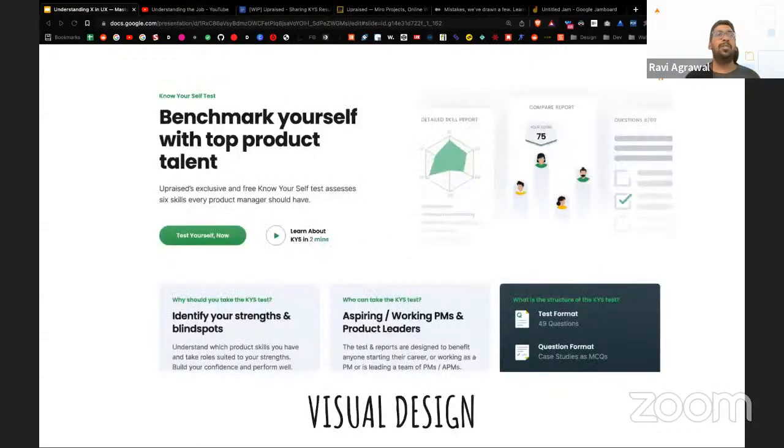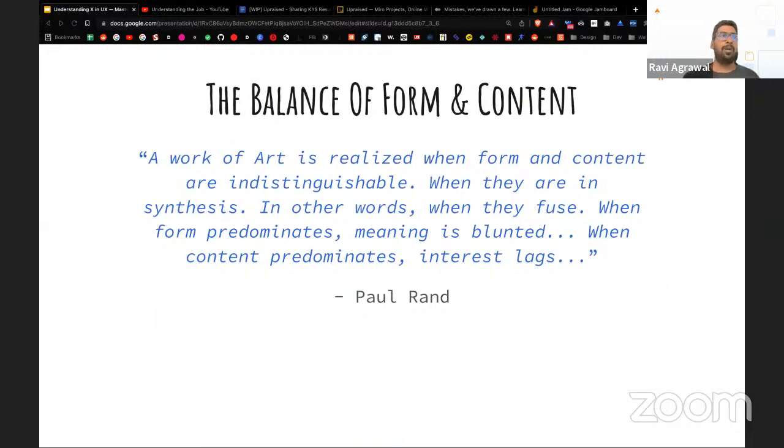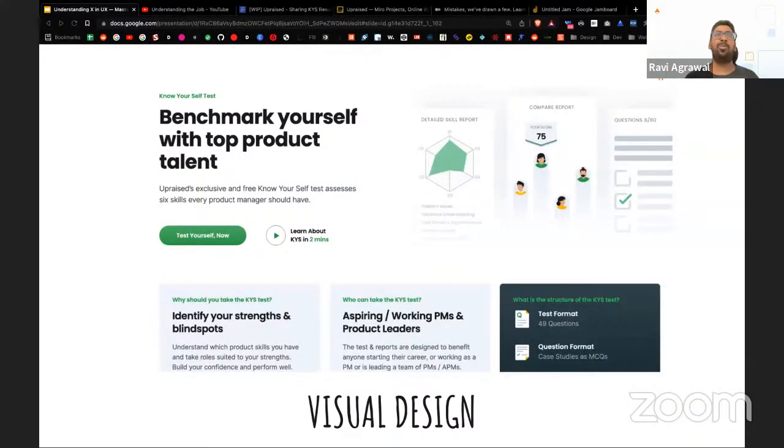Finally, you do the visual design, and we build the landing page for KYS, which talks about the test, how you can identify your strengths, who it is for, and what the structure of the test is. The steps in this how, which are the user flow, wireframing, interactions, and visual design, are in-depth topics on their own, which we could talk about for 2 more hours in every single class.